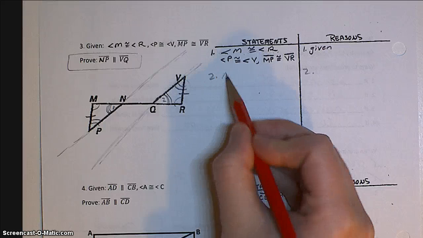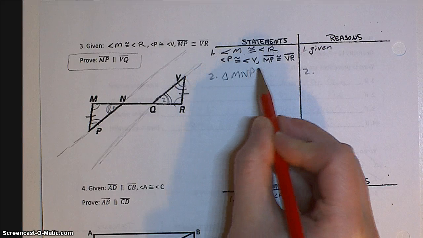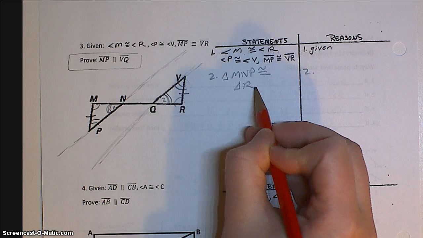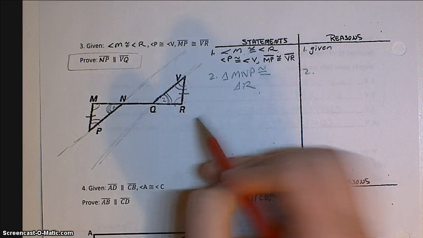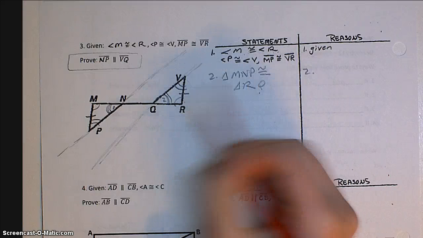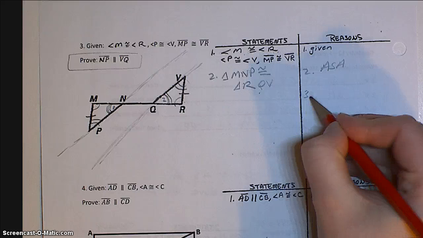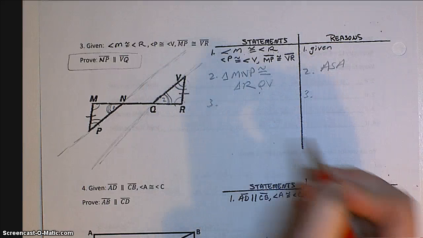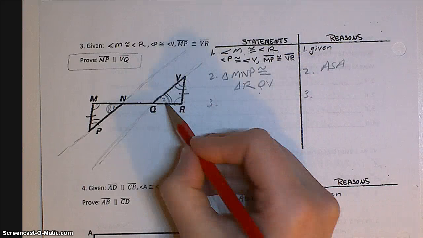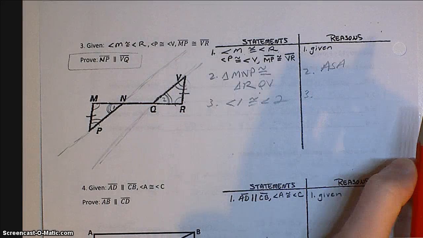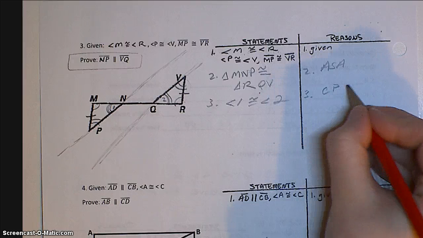So these triangles, M matches up with R, N matches up with Q, and P matches up with V. Those triangles we said were congruent by ASA. Then I can say that angles 1 and 2 are congruent because they're corresponding parts of those congruent triangles.